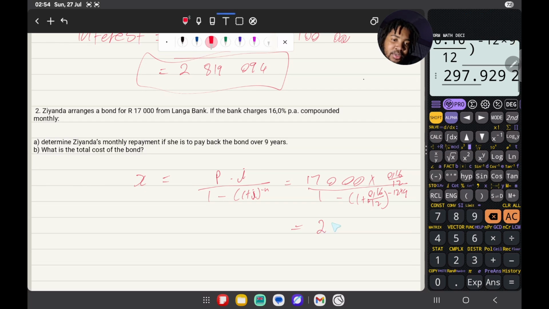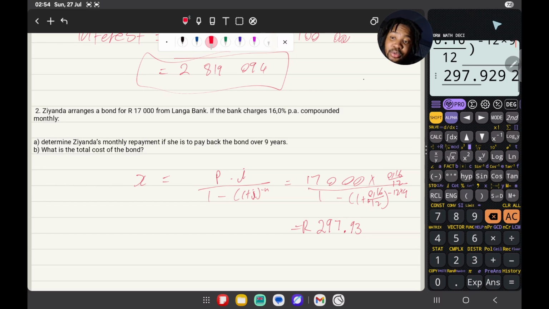Then we get 2,97... oh, hey, bro. Yeah, you know when you have a lot of money. 2,97 rands and 93 cents. So that's how it's done. We now have the money that Ziande will be paying every month.